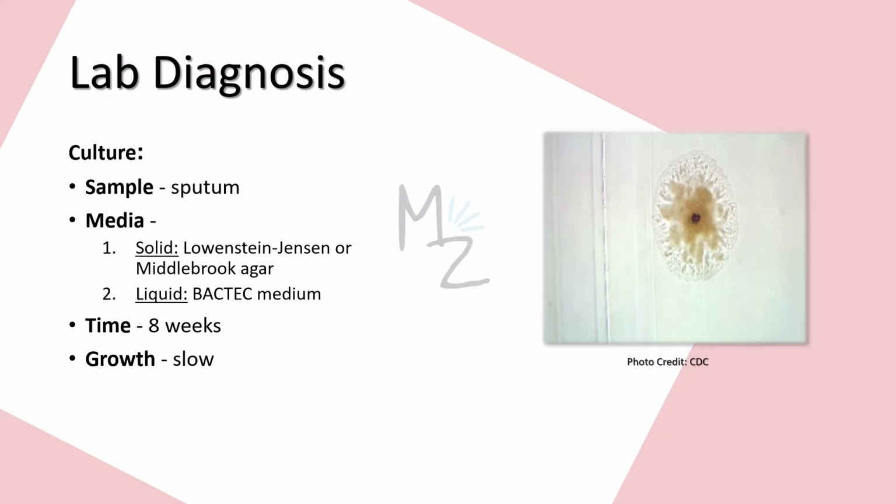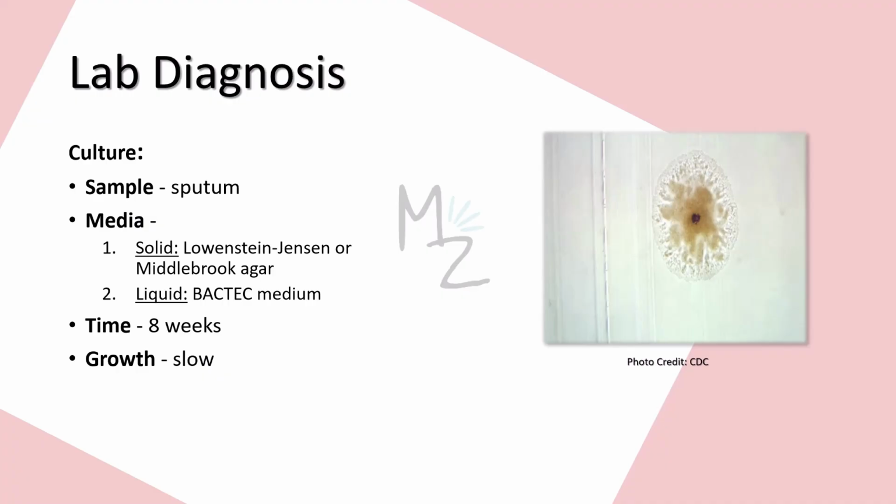In addition to performing an acid-fast stain, the specimen should be cultured. After digestion of the specimen by treatment with sodium hydroxide and concentration by centrifugation, the material is cultured on a special plate, such as Lowenstein-Jensen agar or Middlebrook agar, for up to 8 weeks. It will not grow on a blood agar plate.